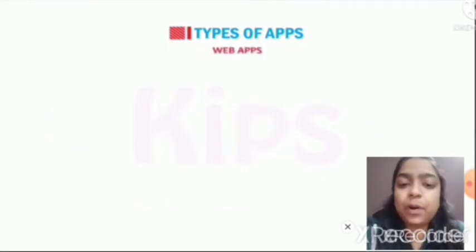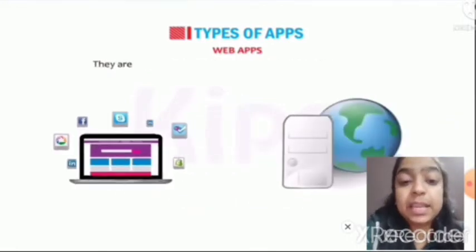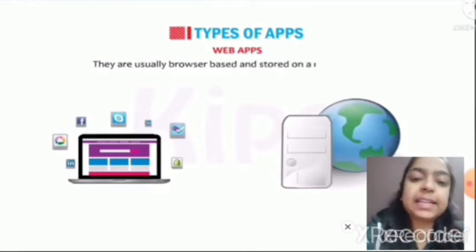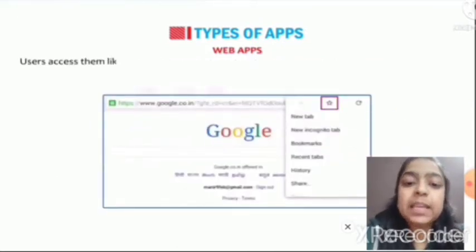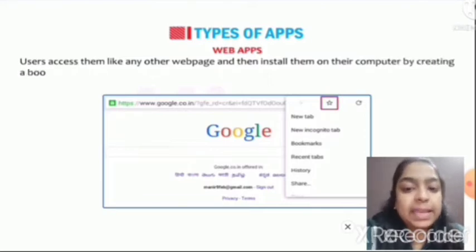The next type of app is the web app. These are apps which require an internet connection to run. Desktop apps require a screen and web apps require an internet connection. They are usually browser based and stored on a remote server. Users access them like any other web page and can install them on their computer by creating a bookmark to the web page.